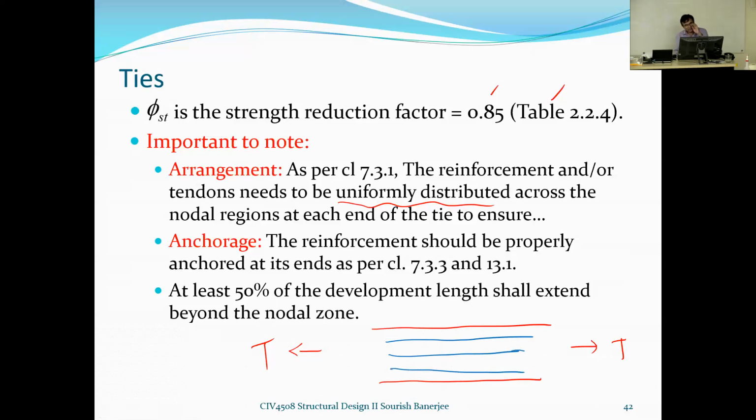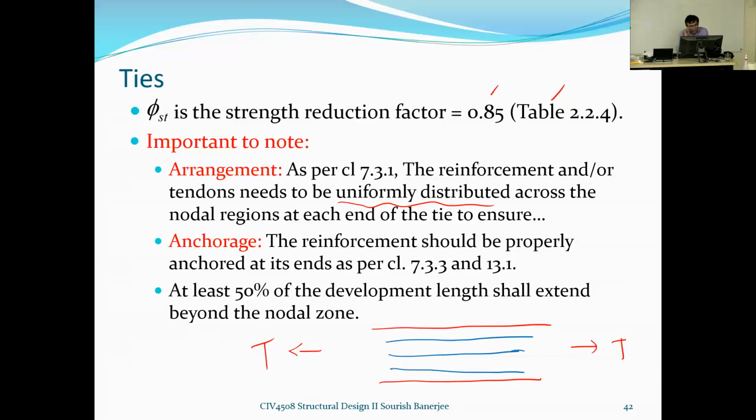That way, the resultant tensile force will be applied at the centroid of the cross section, and the applied force is also acting at the centroid of the cross section. That means there is no additional moment generated.